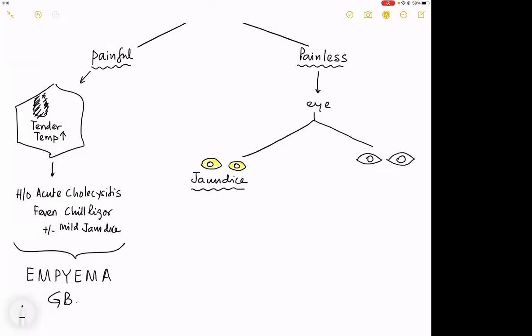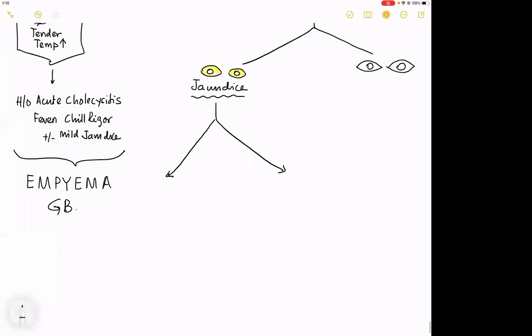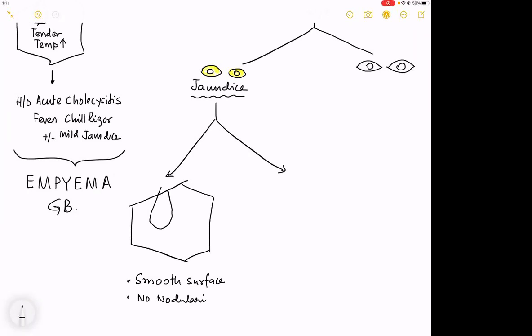The lump now can be of two types. One, the lump has a smooth surface, no nodularity, and firm consistency.